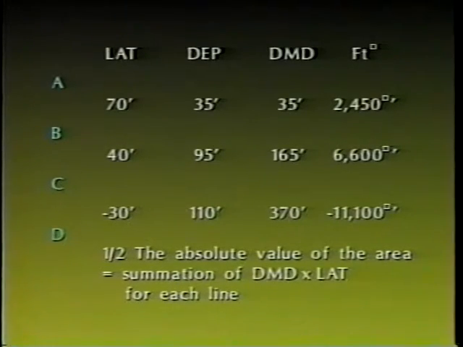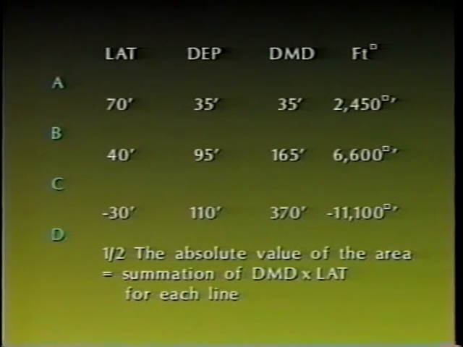Hint: when working with DMDs, it is best to set up a form to keep track and see what you're doing. The diagram above shows this form. The first column is your line. Under this heading are listed in a column the lines of the traverse, A, B, C, D, etc. The second column is labeled latitude.